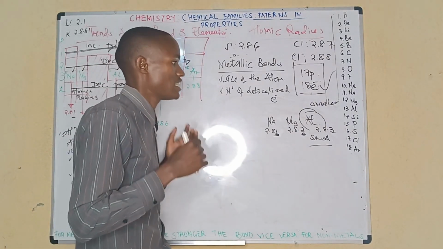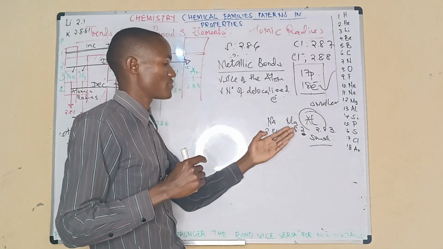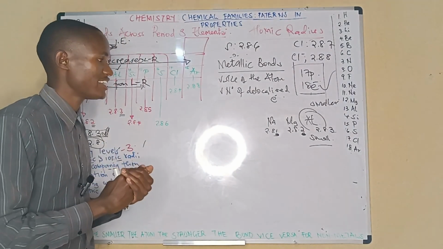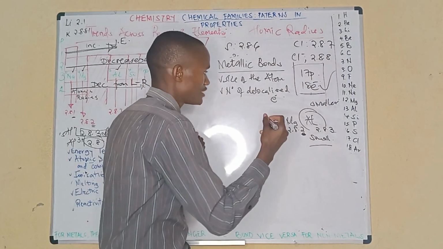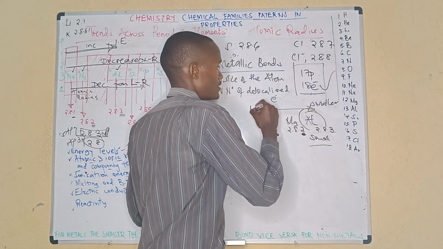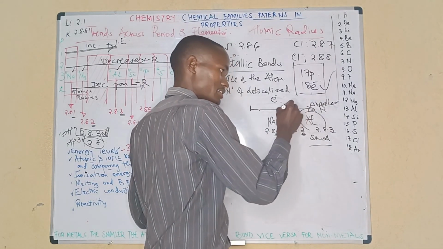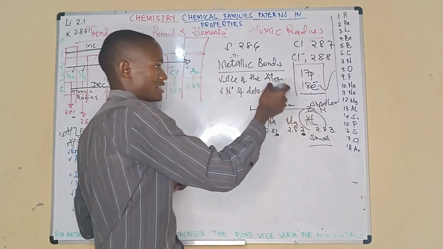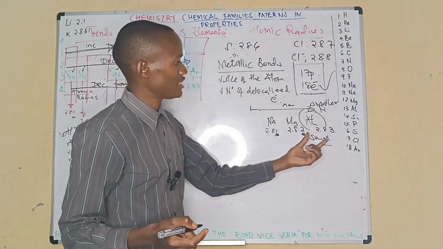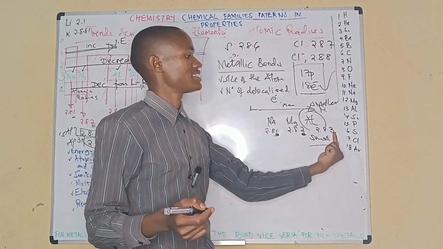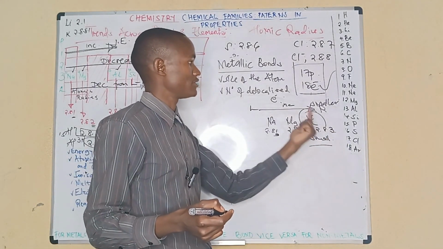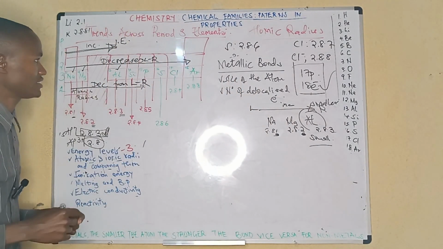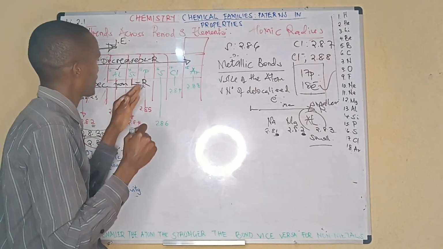With that, we can say that the melting and boiling points of these three metals are, first, high since they are metals, and then the trend is that it is increasing from left to right, because of the increase in the strength of the metallic bond due to an increase in the number of delocalized electrons and a decrease in the size of the atom.